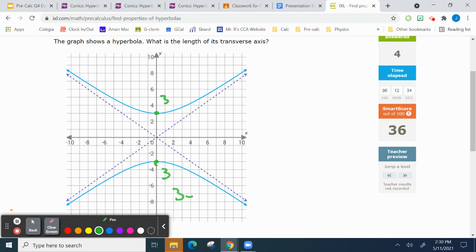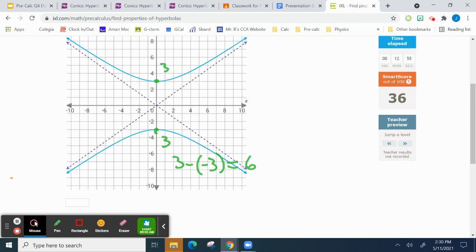So 3, and I know I don't have to be writing out 3 minus -3 equals 6. But what if you get some crazy decimal, or you don't have a graphic thing in front of you, and all you know is the numbers from the vertices or the foci or whatever? Then you're going to have to figure it out mathematically. Anyway, 6, right? 6.